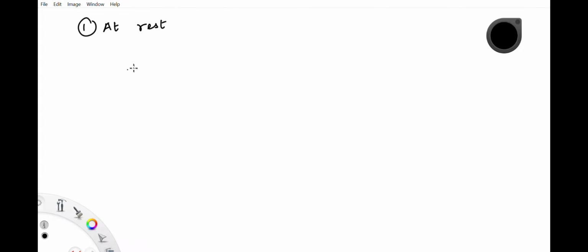at rest. Now we are drawing the position time graph of a body at rest. So you have your position on the y-axis and time on the x-axis. Now at rest, what basically happens is that the position of an object does not change with respect to time.